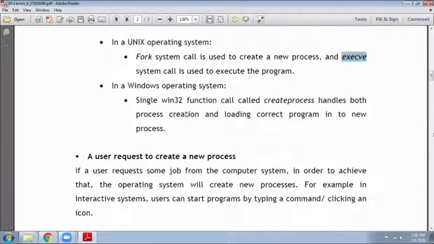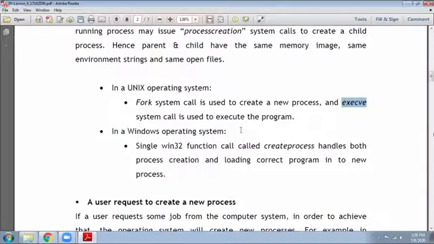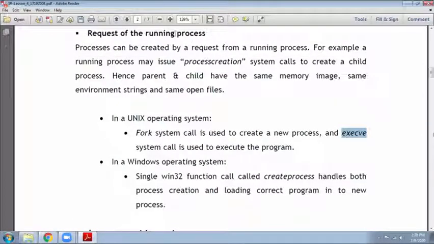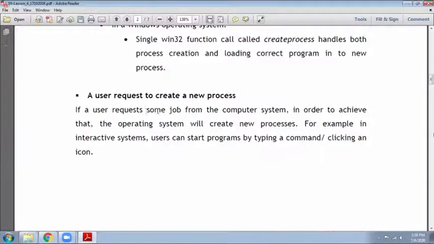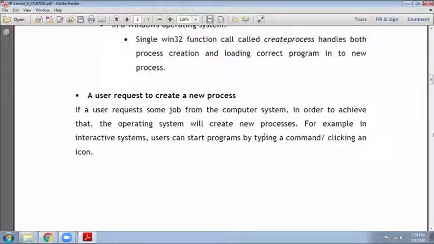The third type is a user request to create a new process. The running process requests to create another process. Now, the user can also request to create a new process. For example, when we click a new button or something, we are starting a new process.